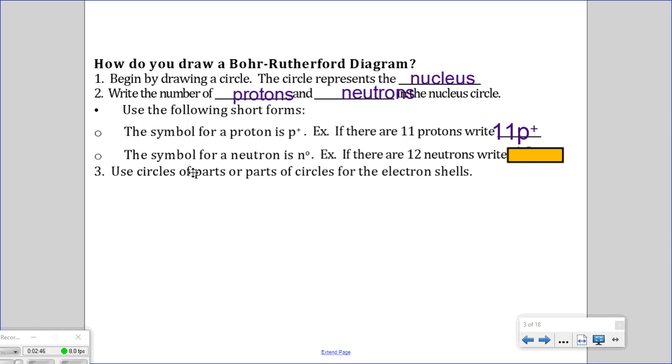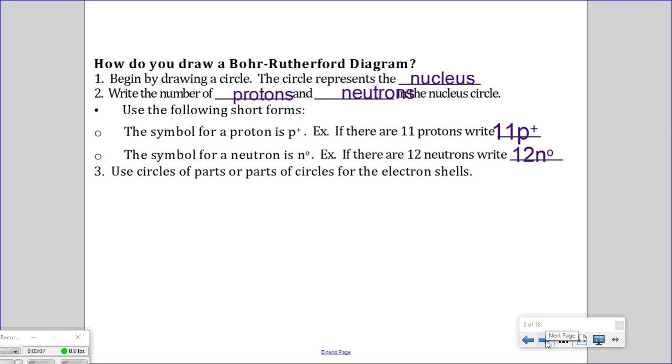The symbol for a neutron is an n superscript 0. So for example, if there are 12 neutrons, you would write 12n superscript 0.